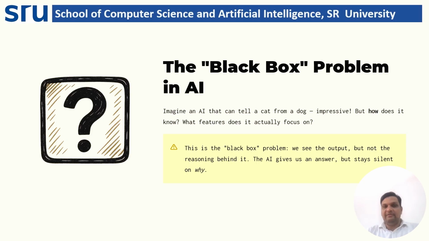What features does it actually focus on? This is the black box problem. We see the output but not the reason behind it. The AI gives us an answer but stays silent on why.